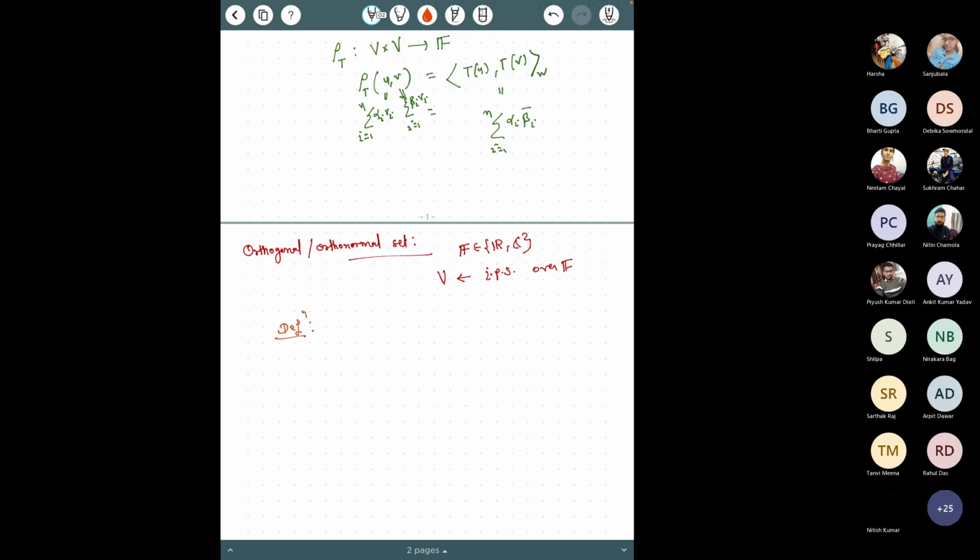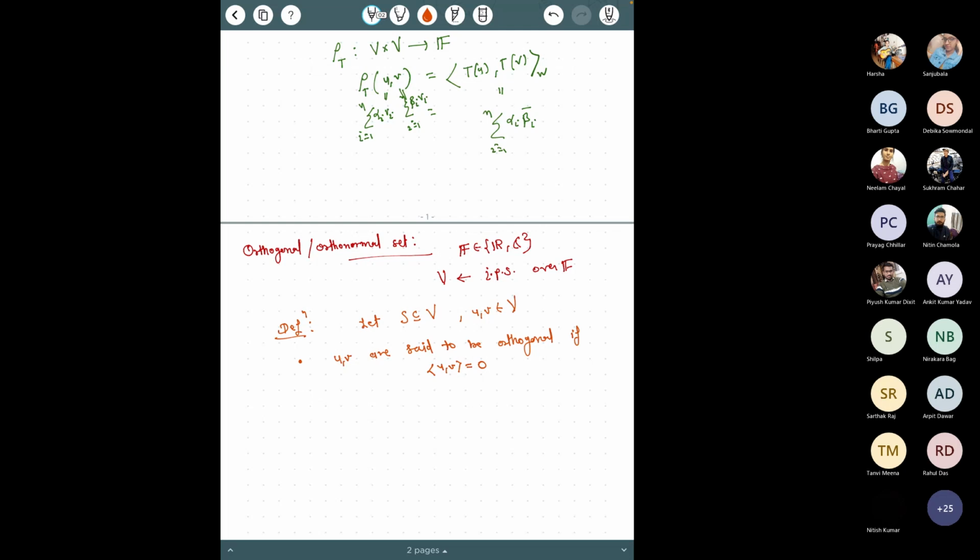Let S be a subset of V, and U and V are two vectors. These vectors U and V are said to be orthogonal if their inner product is 0.